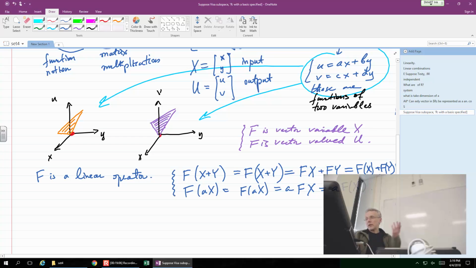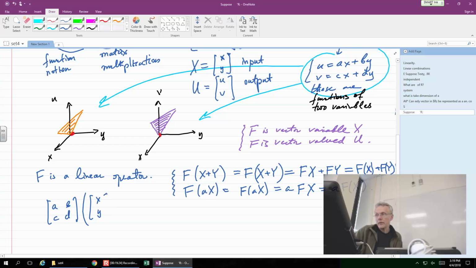So let's demonstrate, just because we're doing 2-dimensional stuff, let's demonstrate this quickly, why this works out. Maybe so that we don't have to go so far back trying to think about it. So I have the matrix a, b, c, d multiplied by x, y plus, say, x prime, y prime.